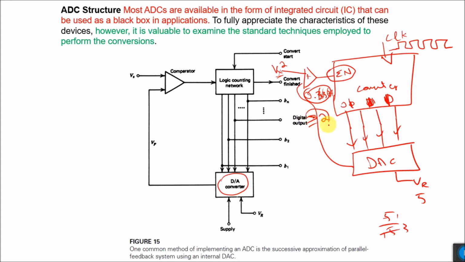And as soon as the output of the DAC is greater than or equal to 2, now it is greater than our input, so this enable will become 0 and there will be no more increment on the next clock pulse.